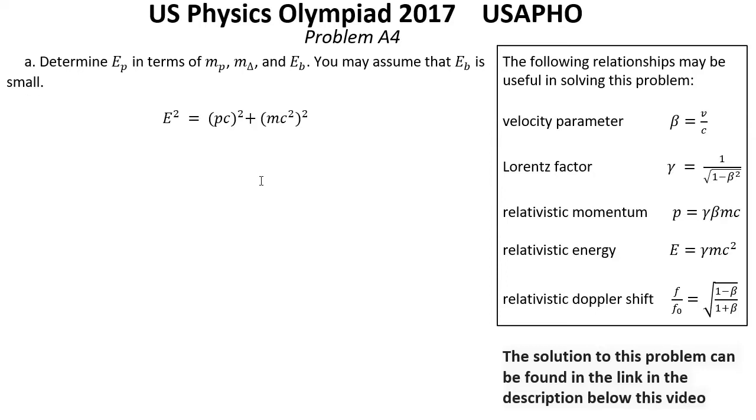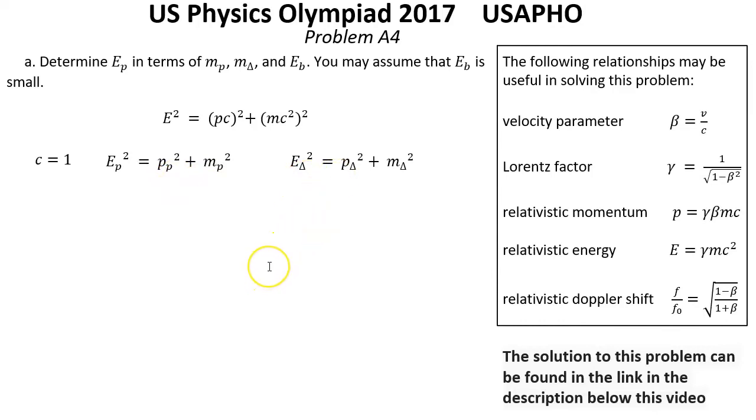In that case, velocity v we can replace by the relative velocity beta, and we can rewrite this equation for the proton before the reaction and for the delta after the reaction. This is the expression for the full energy of the proton before the reaction and after the reaction.